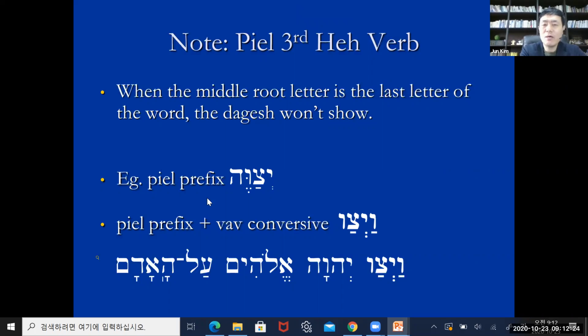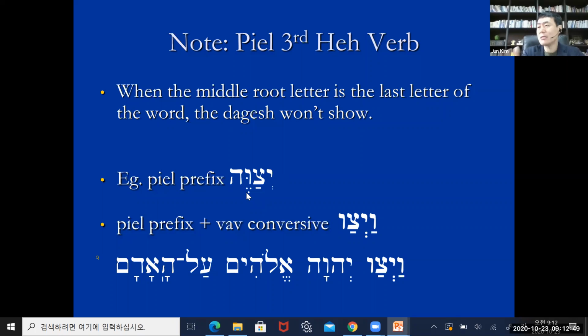Then for example, the Piel prefix form. Actually, the Piel prefix form with a verb conversive must be ve, za, ve. So in this case, everything is there, so we don't really worry about it. Why? Because with a middle guttural letter, dagesh forte is appearing in the middle root letter. So we have the prefix pronoun and then all the root letters.